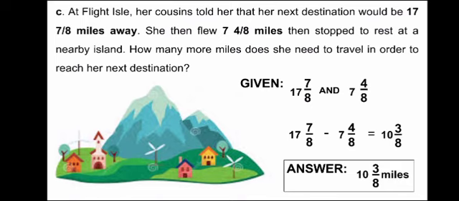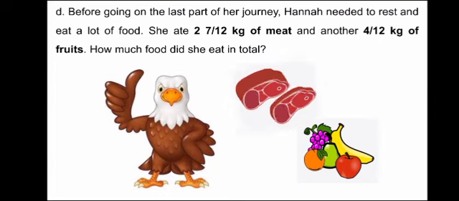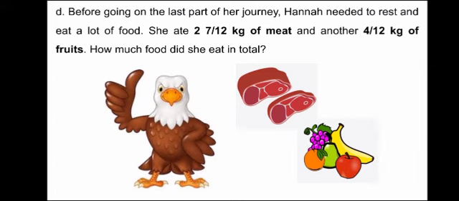Now let's do the last exercise, which is letter D. So before going on the last part of her journey, Hannah needed to rest and eat a lot of food. She ate 2 and 7/12 kilogram of meat and another 4/12 kilogram of fruits. The question is, how much food did she eat in total?